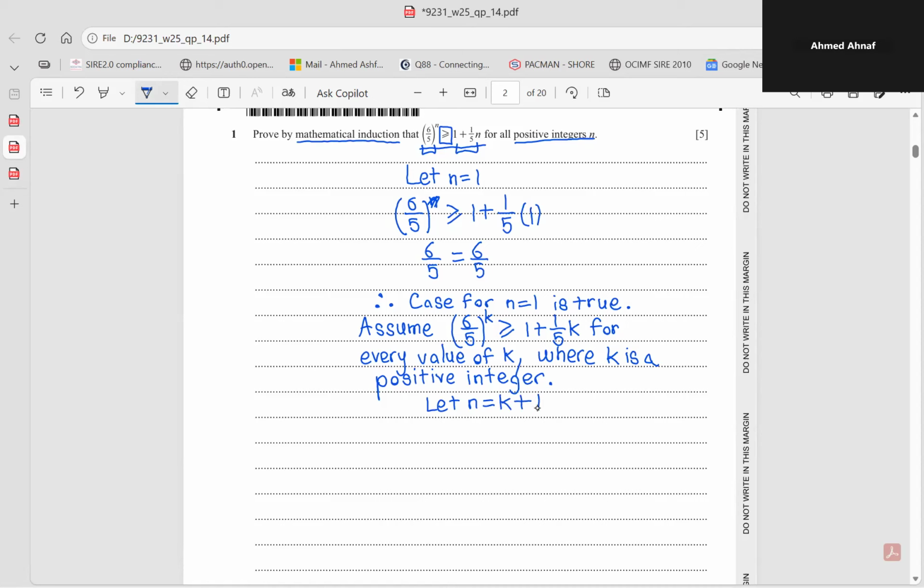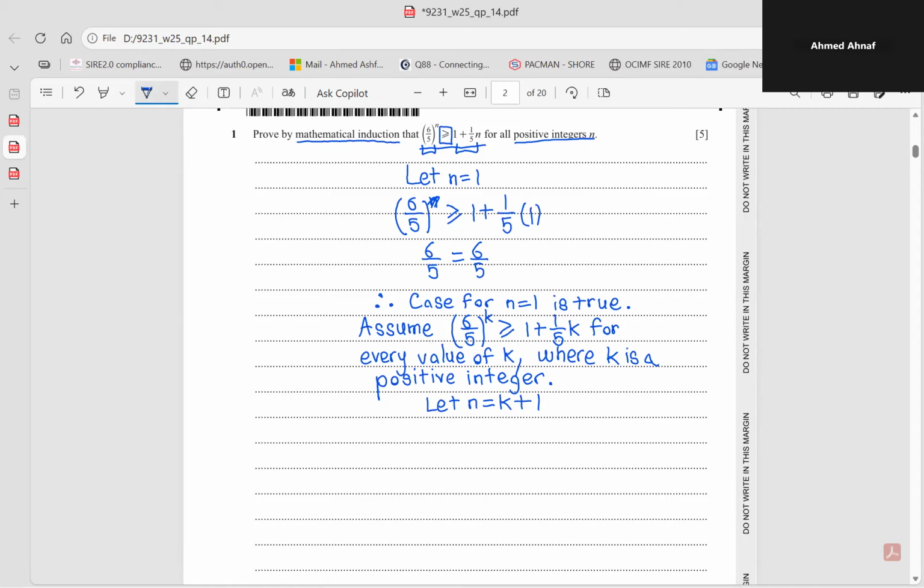Okay, so again, to summarize, the three-step process for mathematical induction is first you let n equals to 1 and then you work out the left and right hand sides to prove that the statement that they gave is true. And then you make your inductive statement, the assume blah, blah, blah, and you replace the n with whatever letter.